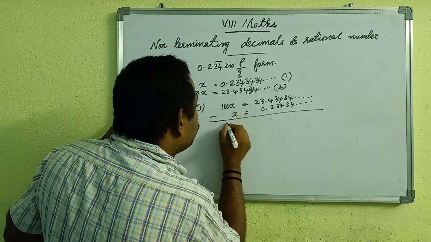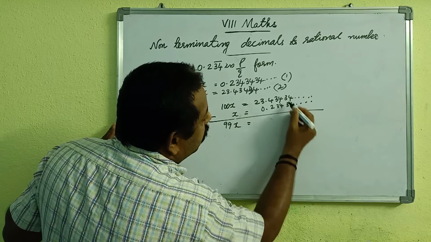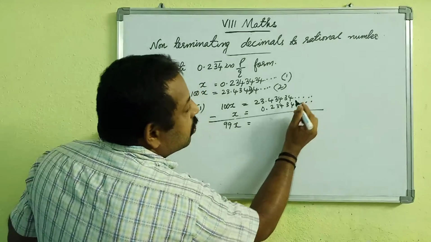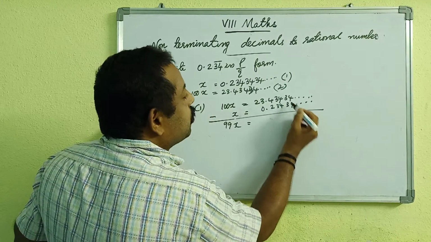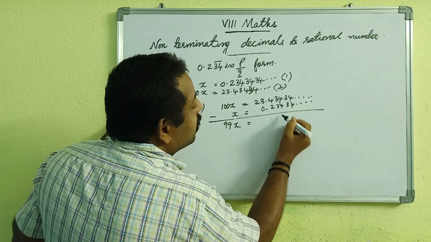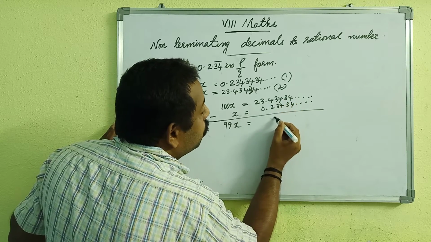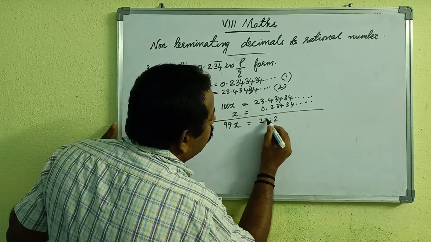Minus, 100 minus 1, 99x. See here, 4 minus 4, 0. Don't subtract from here and go; come from the right side. Normal subtraction. 4 minus 4, 0. 3 minus 3, 0. 4 minus 4, 0. 3 minus 3, 0. 4 minus 2, 2. And put this point. 23 minus 0, 23.